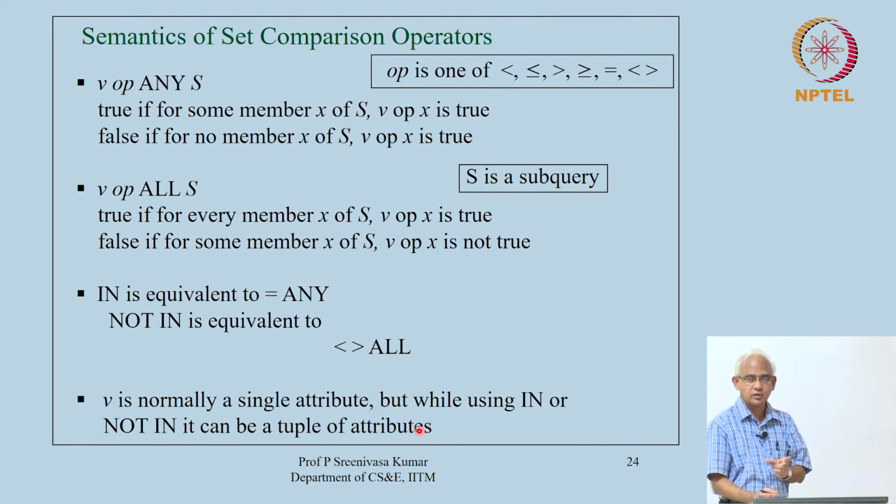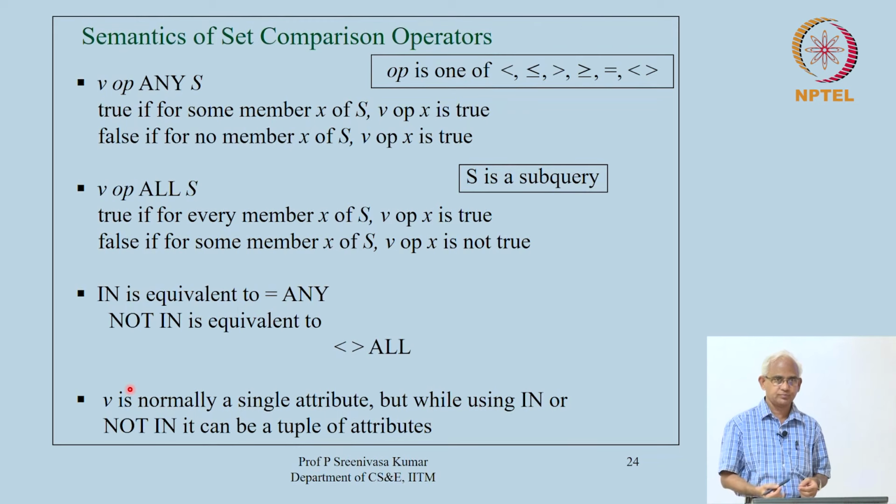Of course, we can't apply other operators for tuples like greater than, less than and so on; it does not make sense, though technically you can probably define that. So, while using in and not in, it is possible that the outer query is generating a small tuple, and then it is asking whether that tuple is present in the results generated by the subquery.